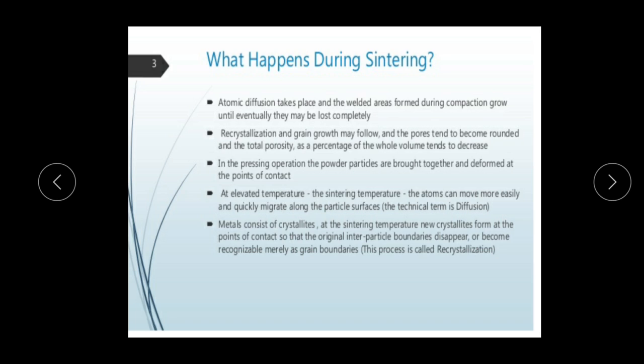At the sintering temperature, new crystallites form at the points of contact so that the original interparticle boundaries disappear or become a recognizable merge as a grain boundary. This is called the recrystallization process. This is what happens while sintering the compacted particles.